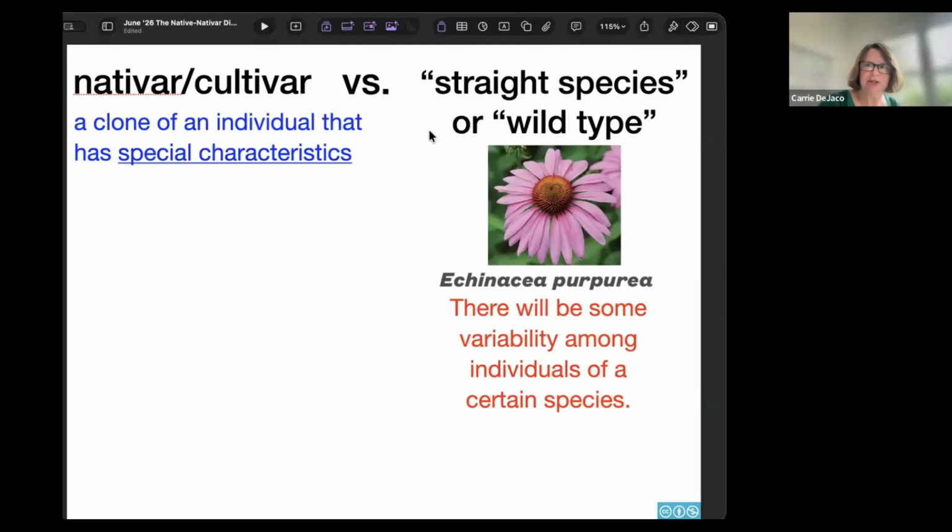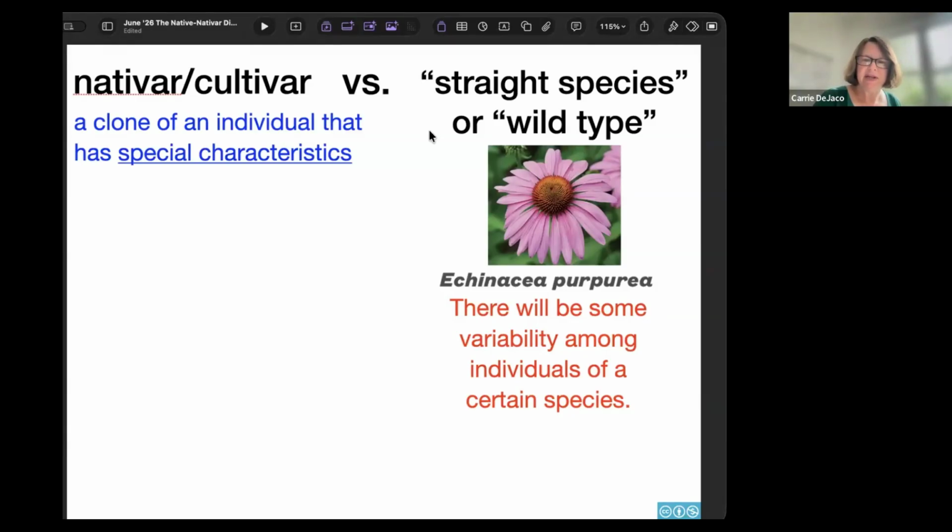The straight species or wild type, this term is referring to plants that have just randomly come from the species overall. For example, if we're using humans or dogs or anything really, if we want to consider the wild type human, well, there are 8 billion of us on the planet. So you could pick any handful of people and we would all be a little bit different from each other. We're all the same species, but we're all a little bit different.